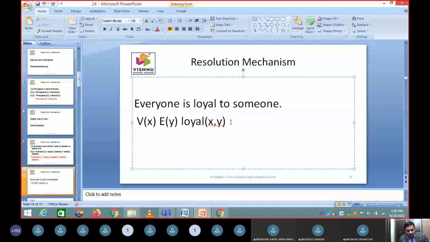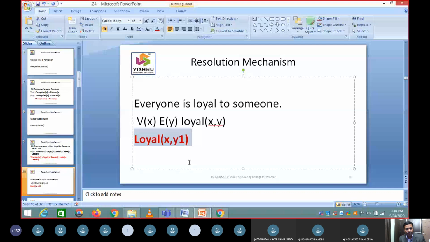Even though this statement does not have these operators, this can be removed, something like loyal of x comma y1. I say y1 is an instance at this moment, that y1 can be Caesar at some point of time. As far as this discussion is concerned, y1 is Caesar every time, because you are only talking about a person that is Caesar.